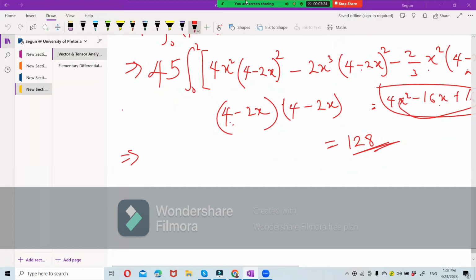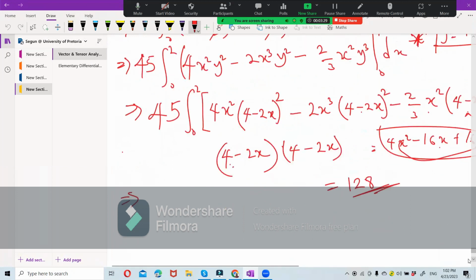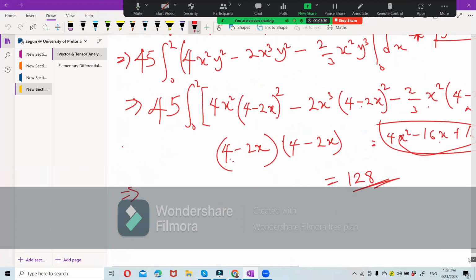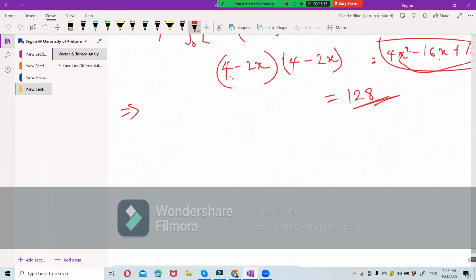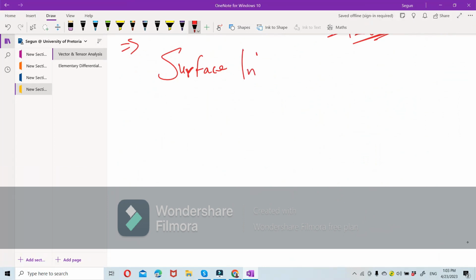Okay, we'll be talking about the surface integral. So we have the surface integral for scalar field.